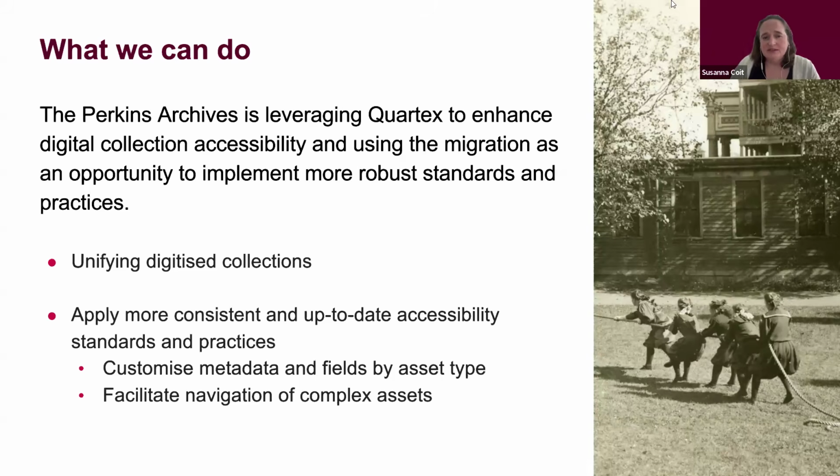We have previously and currently have our collections housed on 2 different websites, photographs on one and text materials on another, with no easy way to standardize metadata, correct OCR, or deal with accessibility issues because it's not really within our control. So with Cortex, we're able to apply a more consistent and rigorous accessibility standard and also respond to any issues or make corrections that need to be made in real time.